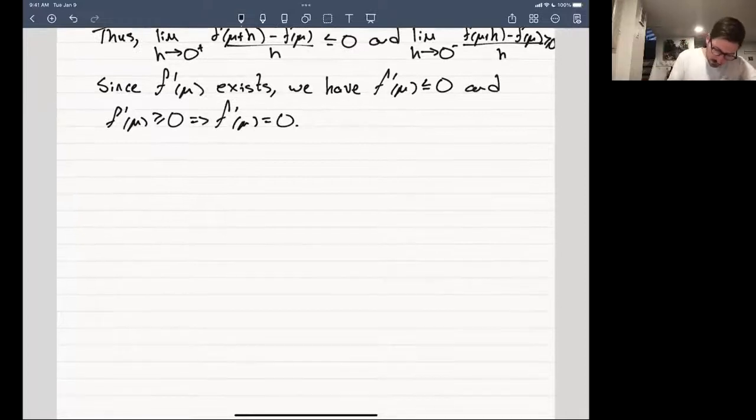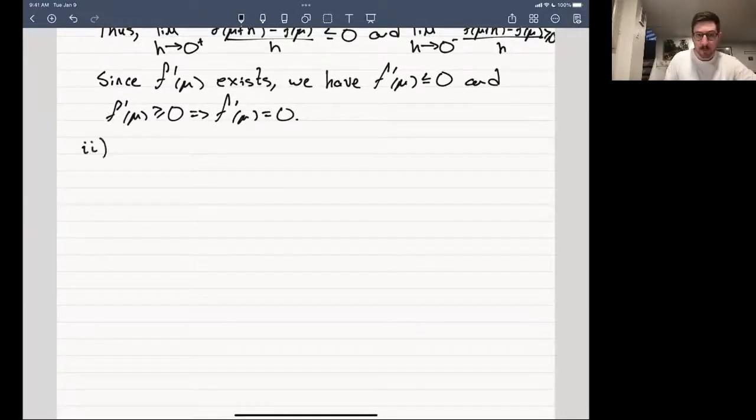So in the second case, if f has a local minimum, we do this trick all the time. We're basically just going to multiply by a negative and repeat the first piece.